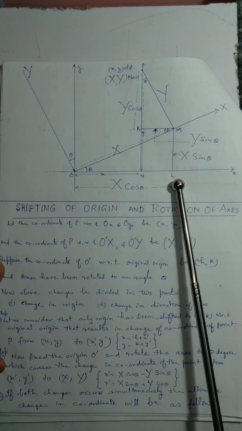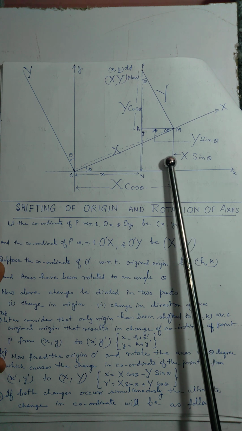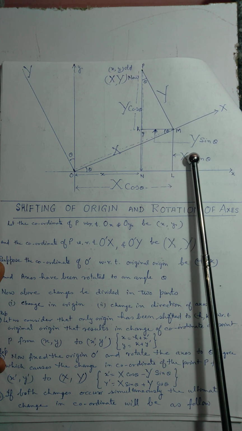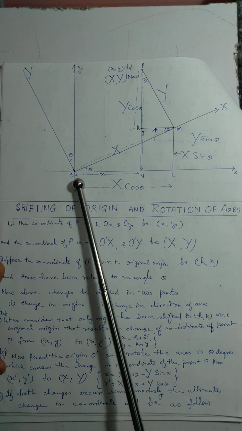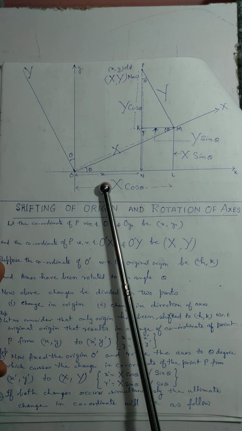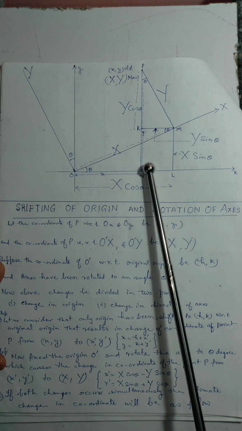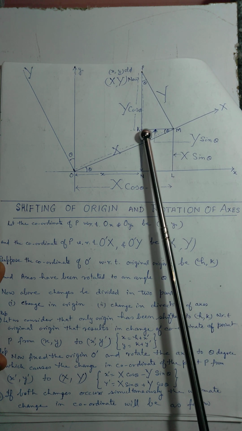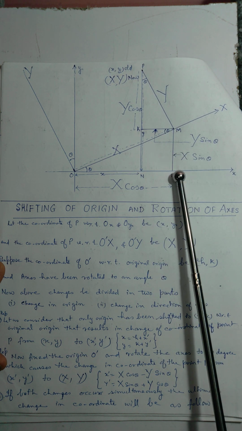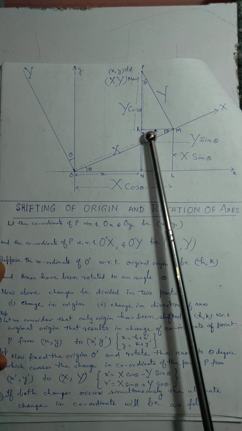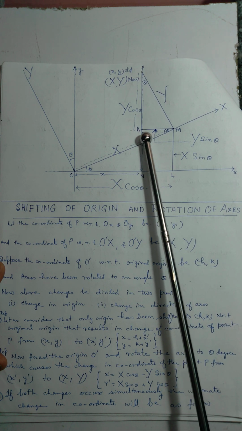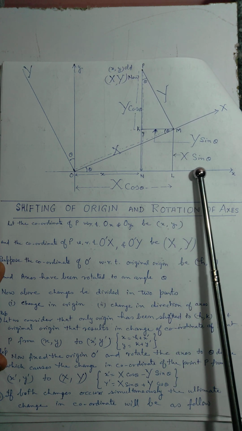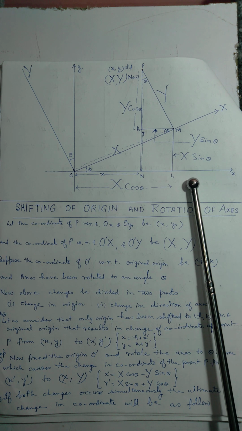So NL will be equal to KM, again I have written here Y sin theta, which will be subtracted from this to get small x. Similarly for y, you see Y cos theta, and this part, PK plus ML. So your ML will be capital X sin theta.